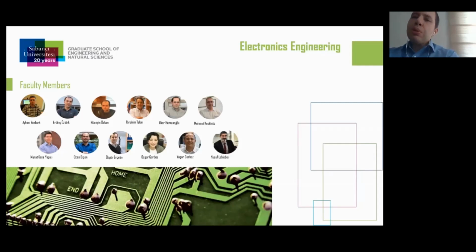Yaşar Gürbüz is focusing primarily on microelectronics with different branches involving analog mixed signal circuit design, RFICs, sensors, actuators, and microelectromechanical systems. Yusuf Leblebici, who is also our president, has contributed to different areas of microelectronics, both digital and analog circuits, as well as MEMS devices. So this is an overview of our program. Please provide any specific questions in the Q&A session.